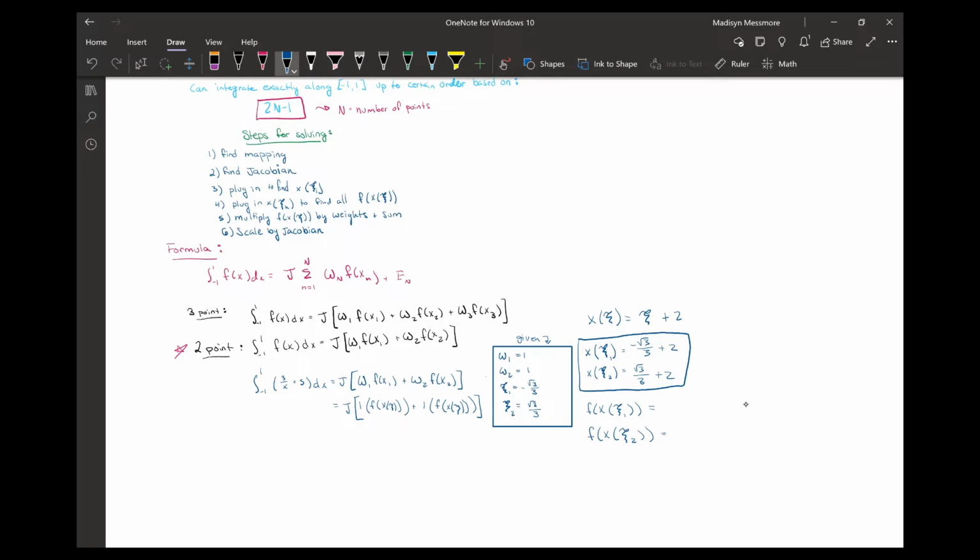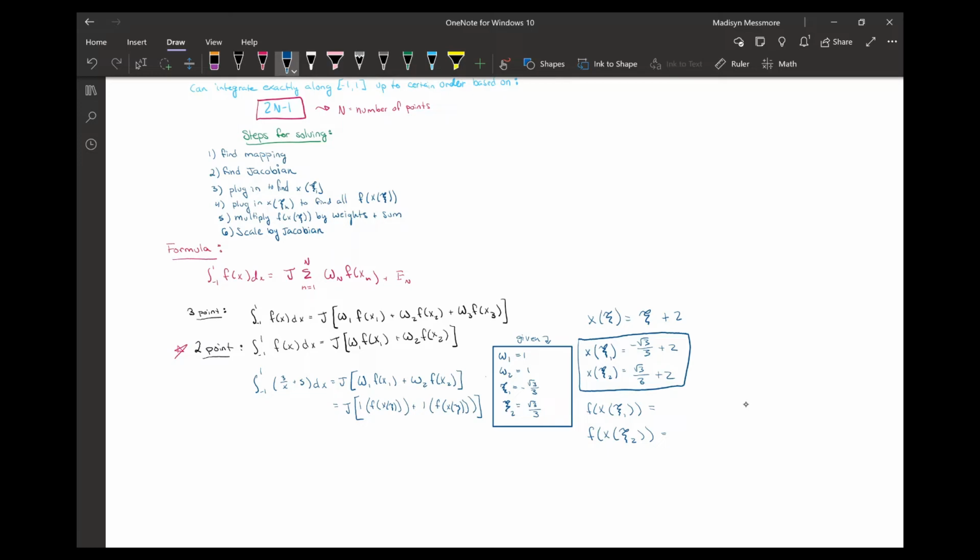So let's see, that becomes negative 3. So it's 3 over that, plus 5.